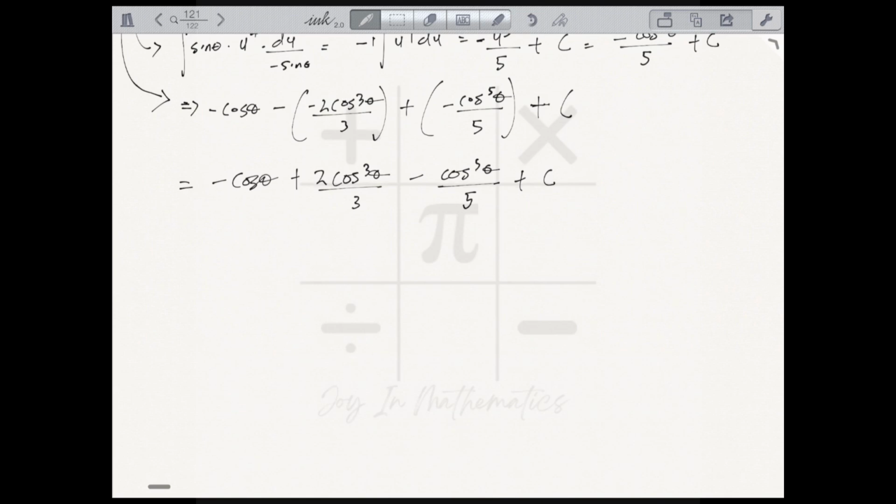But before then, let's come to the conclusion first. The conclusion being that in general, when we integrate cos n theta sine theta d theta, you will have minus cos n plus 1 theta divided by n plus 1 plus c.